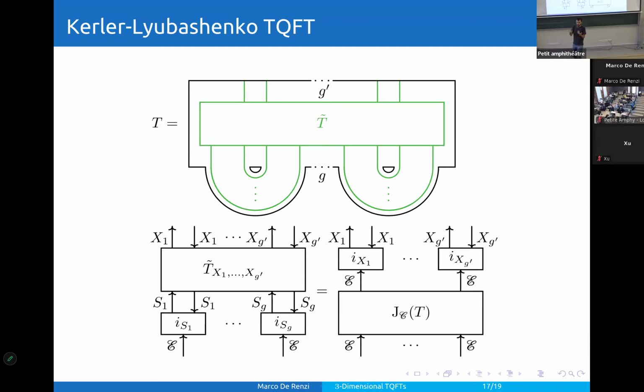And if you start with a diagram which looks complicated inside the handles, just choose a disk inside your one-handle that intersects a finite number of non-singular points of your projection and use an isotopy of a small neighborhood of this disk to push everything that is complicated inside the one-handle into the box that I labeled T tilde inside my diagram.